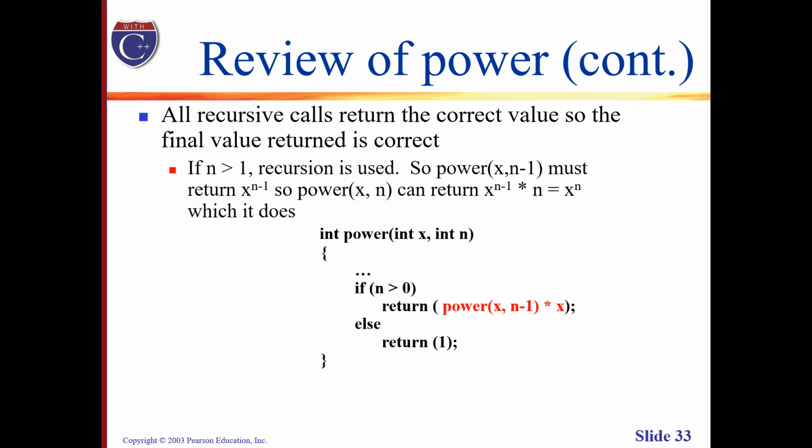For instance, if n is greater than 1, recursion will be used. Thus, given the following arguments for our function call, this must return x raised to n minus 1. Thus, the following function call will give us the following. Thus, if we are going to implement that, we have the following codes.